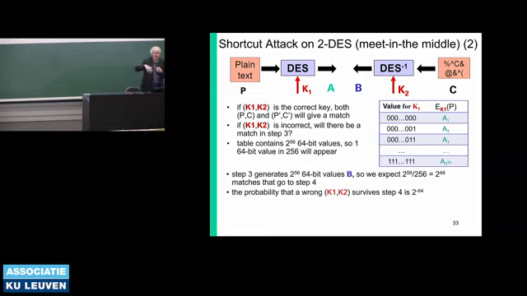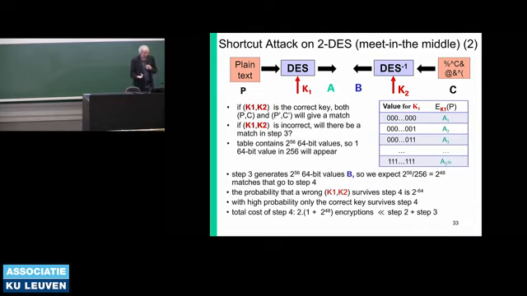Because every encryption gives you 64 non-linear bit equations, so the probability of a random input matching is about 1 over 2 to the 64. The probability that a wrong key pair remains is 2 to the 48 over 2 to the 64, so it's small enough. Even if you were wrong, you take a third pair and then you're really sure. So it's not a big problem. Once you have 1 plaintext-ciphertext pair, or 2 or 3, that doesn't matter so much, and it will not cost you much.